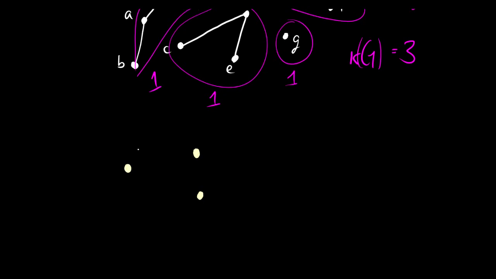So you can have something like this, something like this, and something like this. Okay, this is A, B, and C. So we can get from B to A, we can get from B to C, we can get from C to A, we can get from C to B, we can get from A to B and A to C. So we're good here. It's connected.